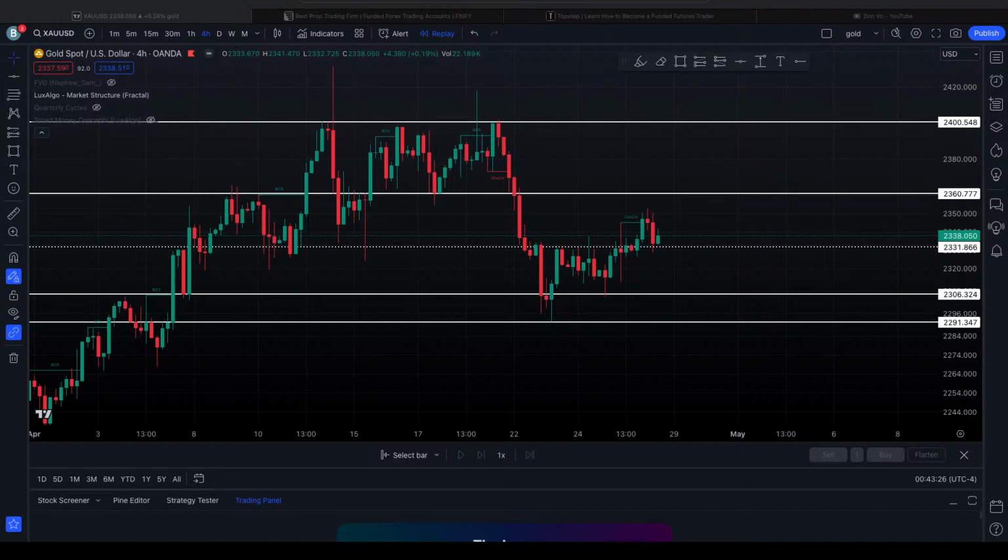I got money, I can do this. But that's when I told him, it's not about the money right now. It's about the skill. If you can't even trade, you're just donating your money to somebody else. Don't donate it. Focus on the skill first. So if you're going to use $100, that's fine, but use the smallest lot size you can get, because then you could learn as many lessons as you can with that $100.